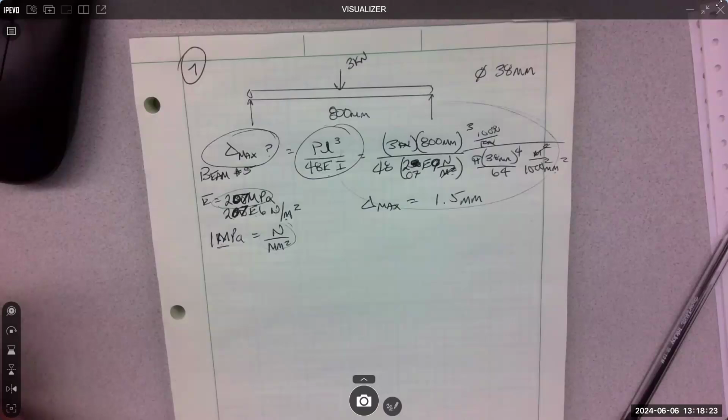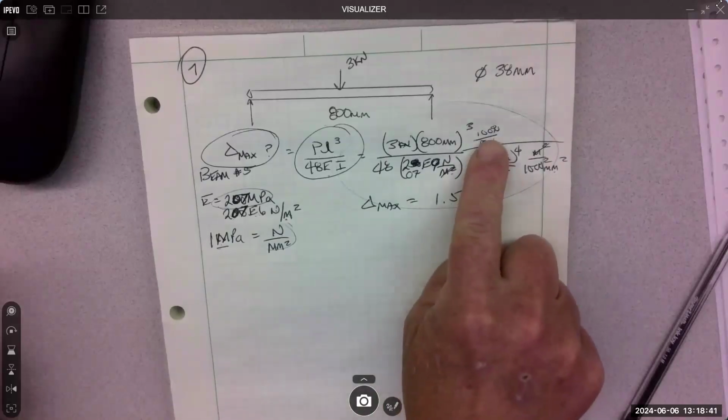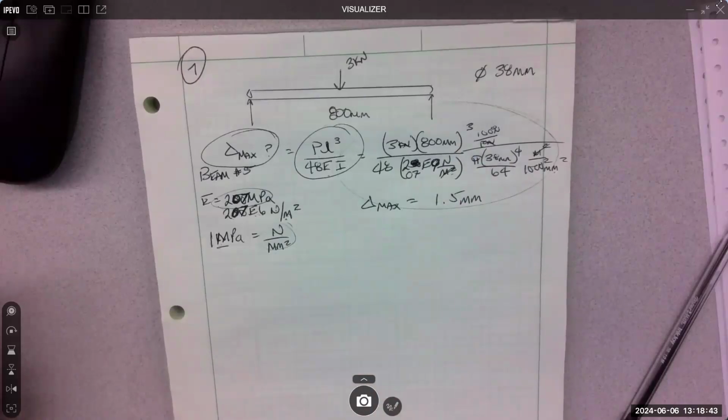Oh, man. Yikes. Oh, no. My calculator's losing its mind. Oh, here we go. This is 3 kilonewtons turned into 3,000. Yep. Oh, now you make me start over because you talked to me.